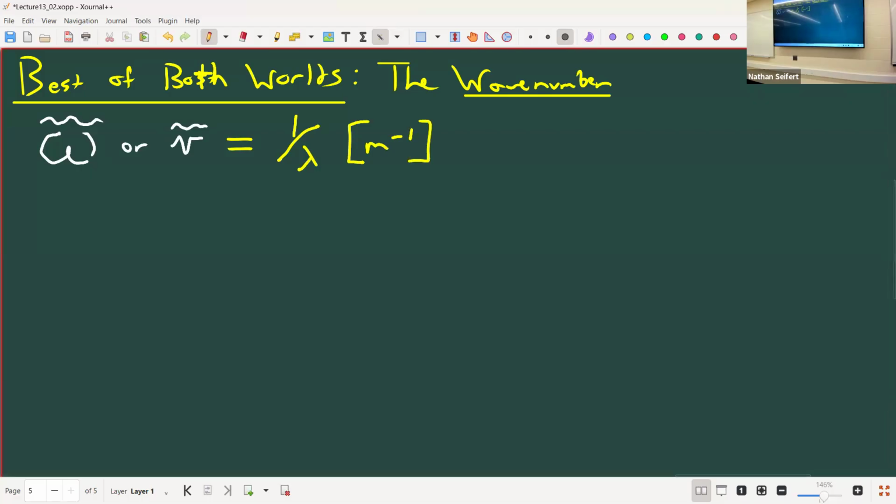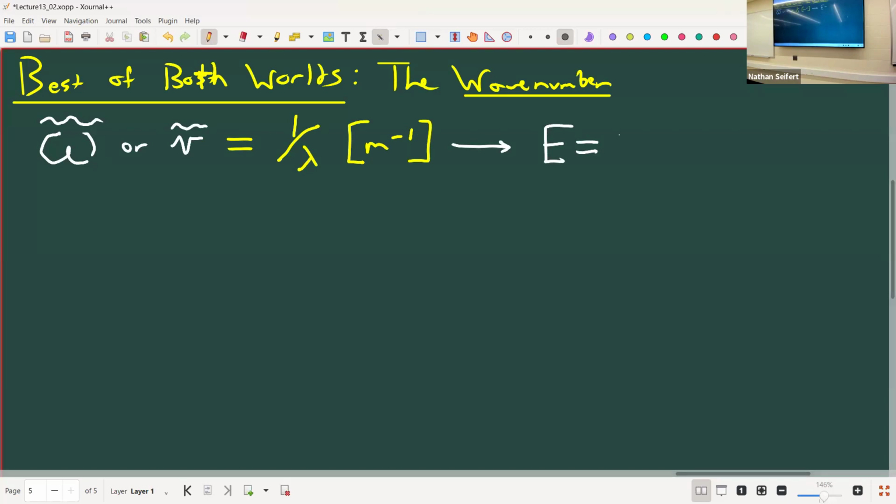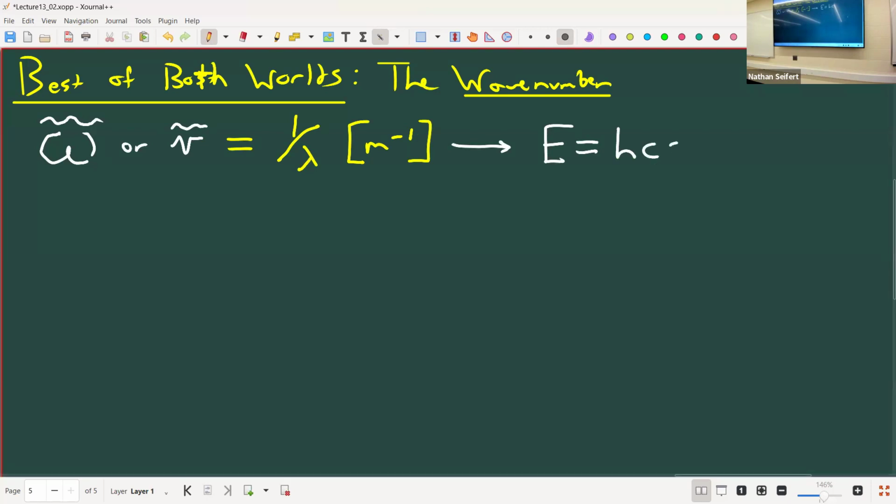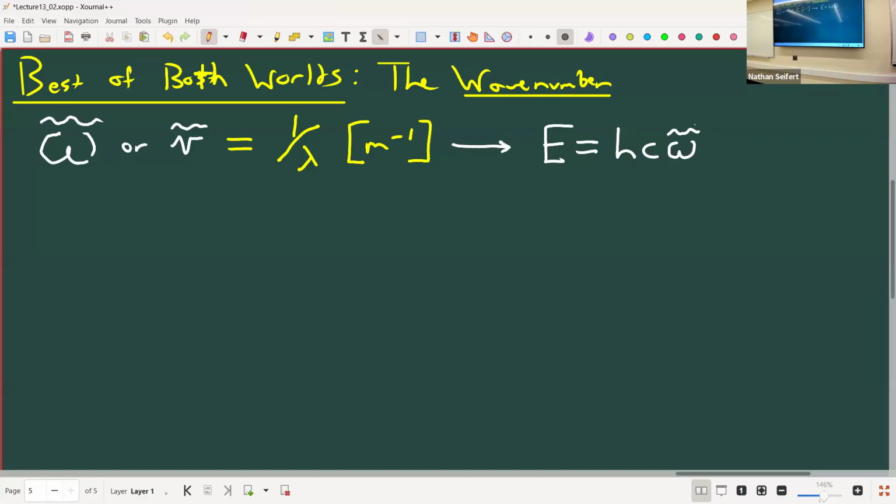And that's a really convenient unit to have because now it makes Planck's law E equals hc times the wave number. We've multiplied everything out by c. That gives us an extra factor of 10 to the 9 for these small numbers. That really helps nicely.